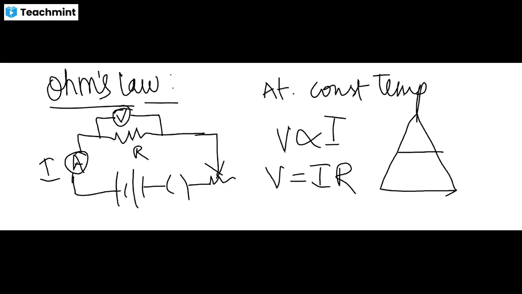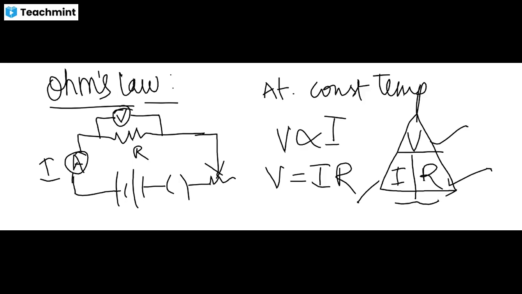Just write V at the top and I R below. Then using this you can remember the formula. If you are calculating potential difference V, then you take the product of I into R. If you are calculating current I, then it is V by R. And if you are calculating resistance, then it is V by I. So these three formulas you get from one relation, that is the Ohm's law relation.